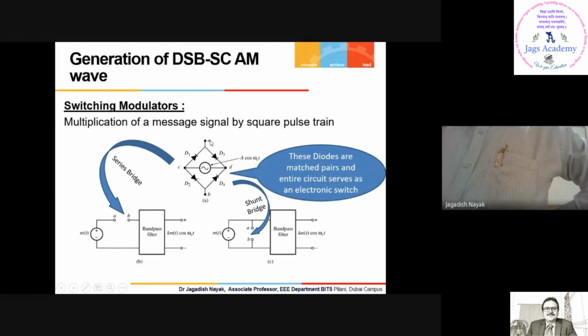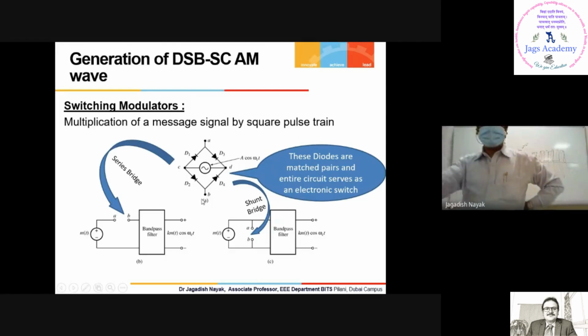During positive half cycle, these two will conduct, but this is having a negative terminal here, yes or no? Now, during negative half cycle, this will conduct. So this is acting like a switch.